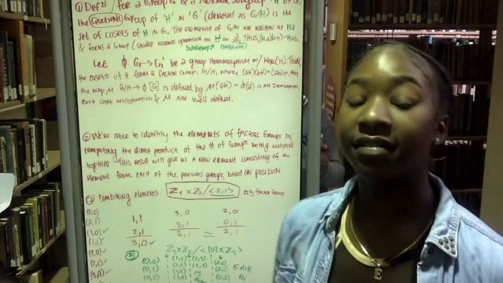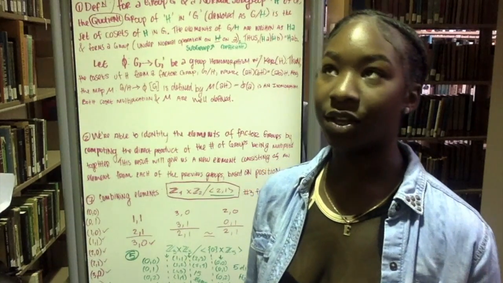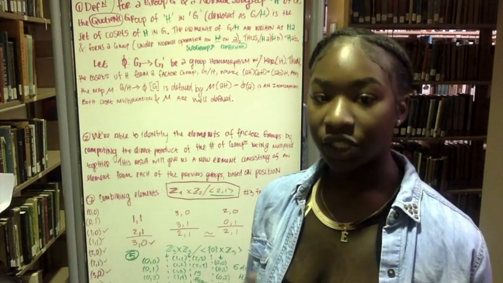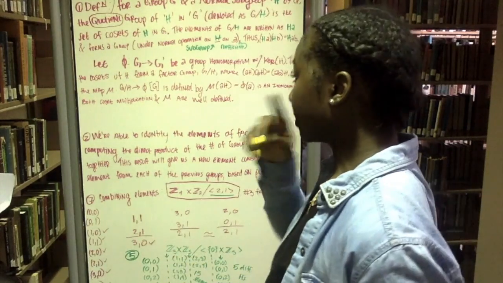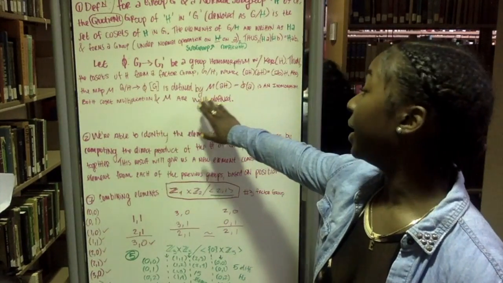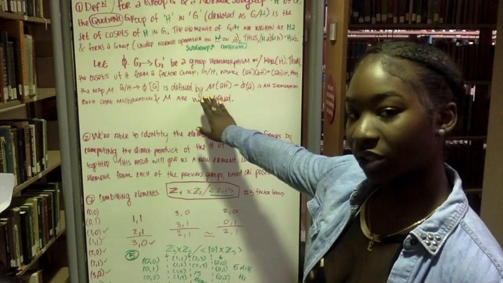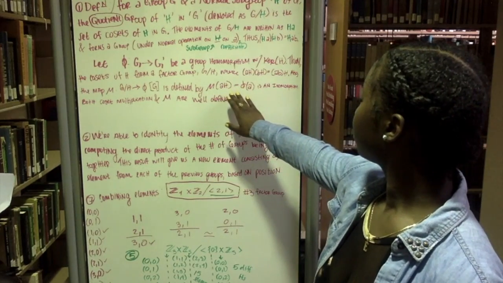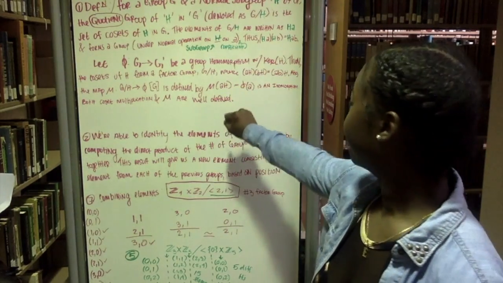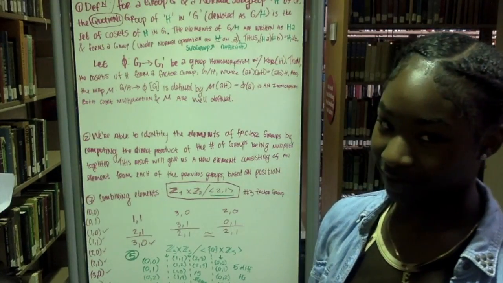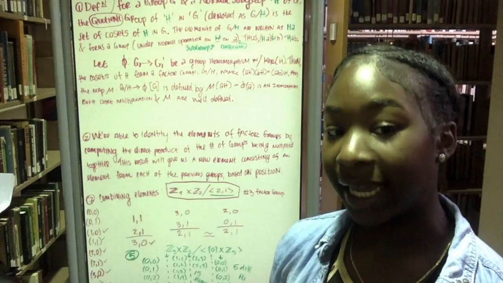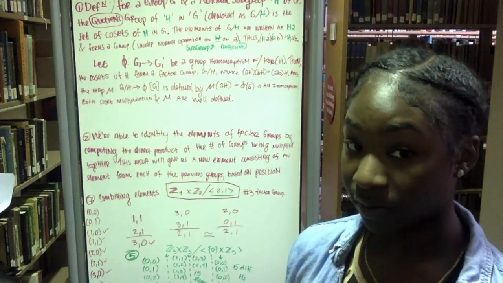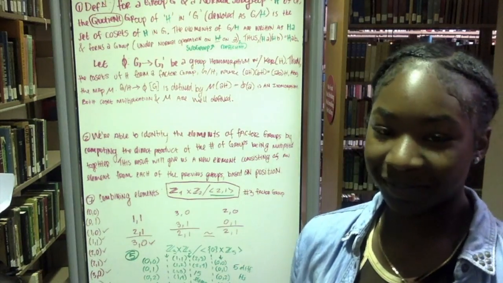Also, we have a function mu, which maps G factor H to phi of G, defined by mu of aH, which equals phi of a. This is an isomorphism, where both coset multiplication and mu are well defined.